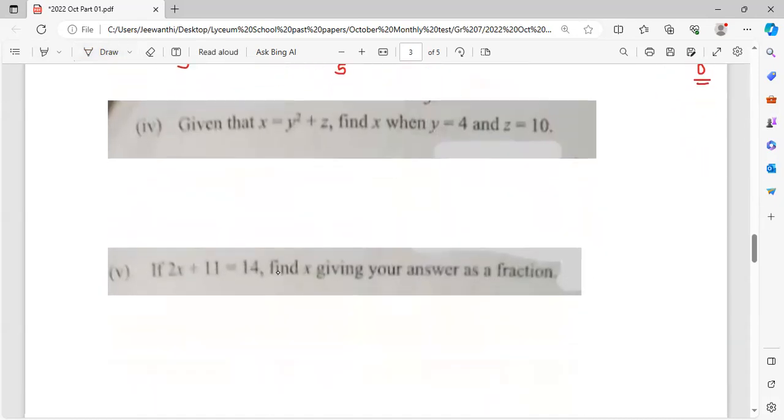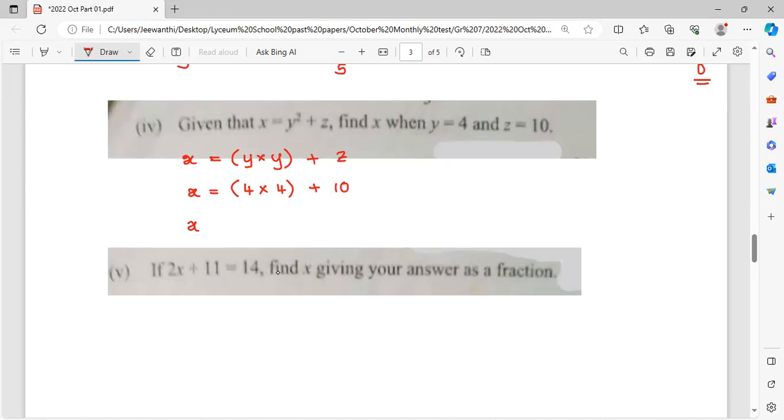In the next one, you want to find the value of x, right? So then you write x. So then y squared means y multiplied by y, plus z. Right? So then x is equal to 4 multiplied by 4 plus 10.